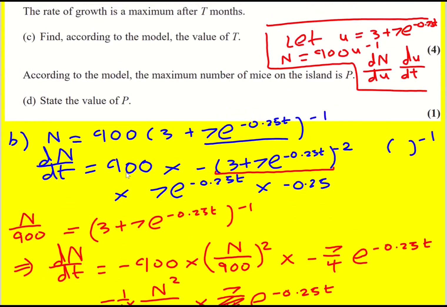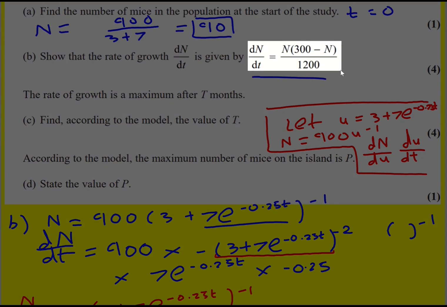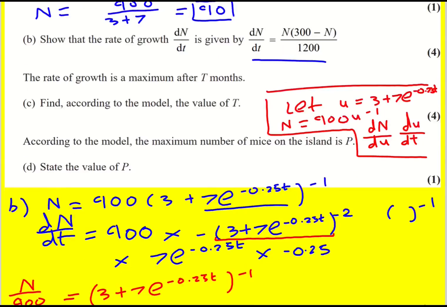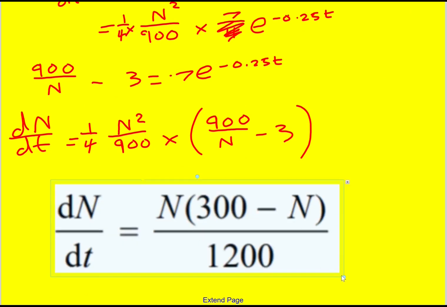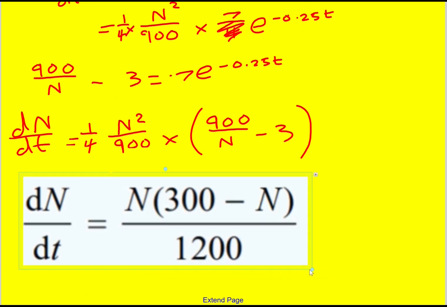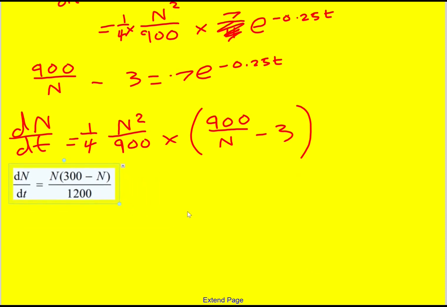Let's just keep track of what we're actually trying to get to. Okay. Keep the 1 over 4 for the moment separate. Then I'm going to multiply through by n.